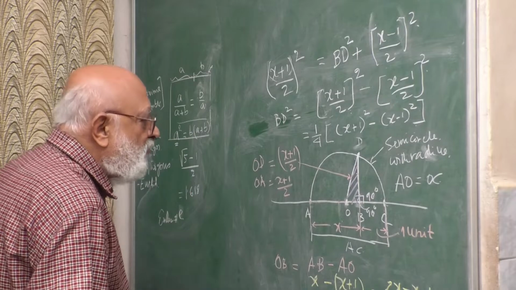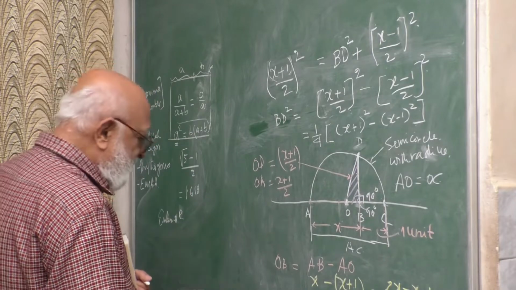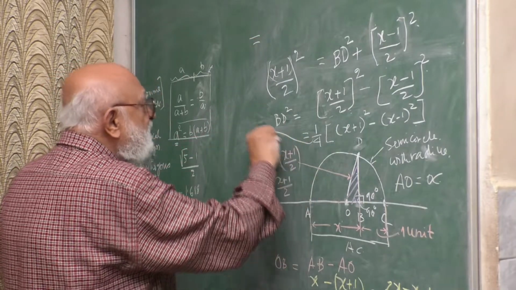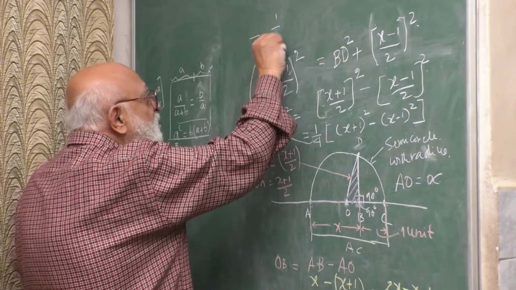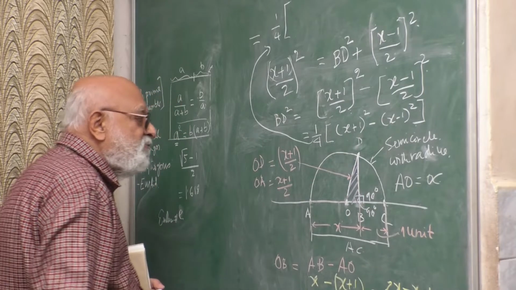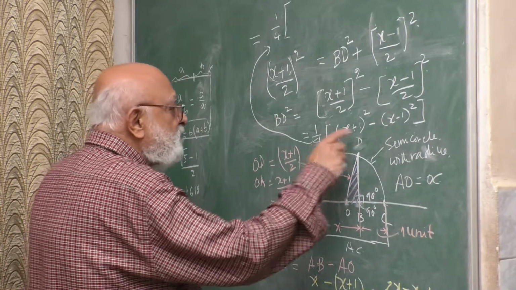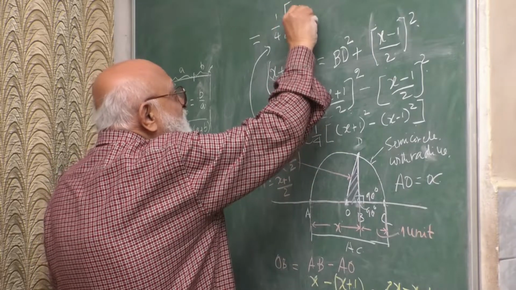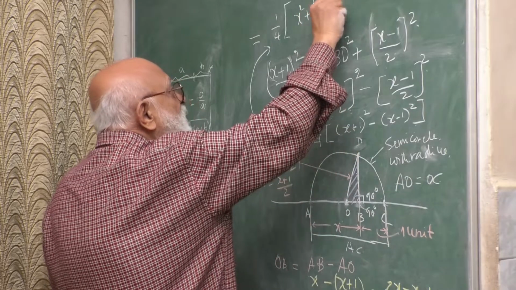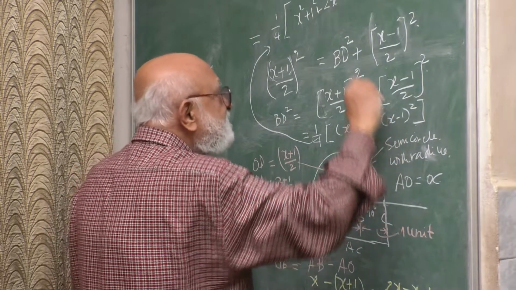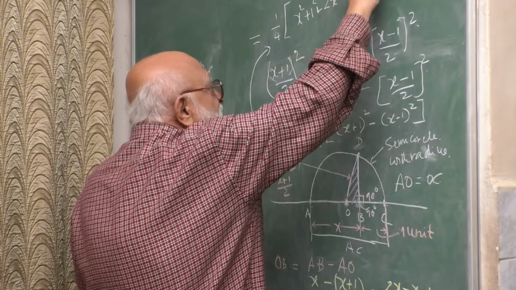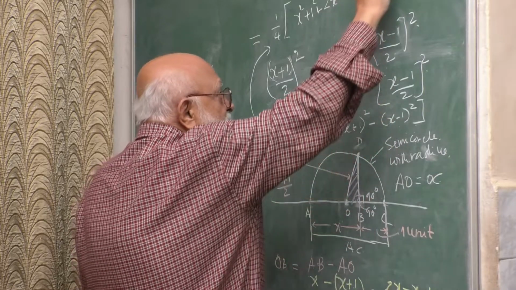Okay. So what would it give me? Let me write it down here. This is 1/4, and you can do it either as a square minus b square. You can do it. So a square we can do it this way: x square plus 1 square plus 2 into x, minus x square plus minus 1 square plus, now this is minus plus 2x.